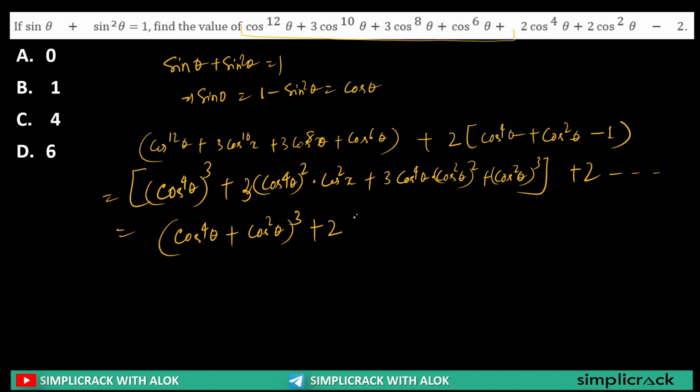Now this whole thing can be written as cos to the power 4 theta plus cos square theta cube, right? Plus 2 into cos to the power 4 theta plus cos square theta minus 1.